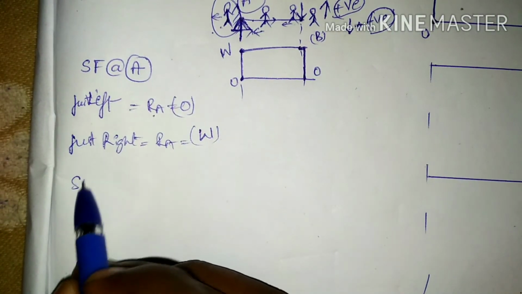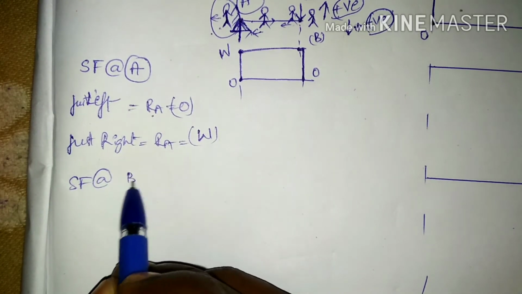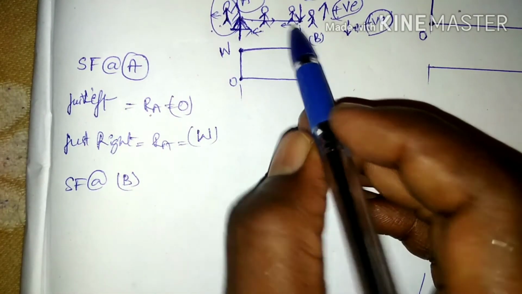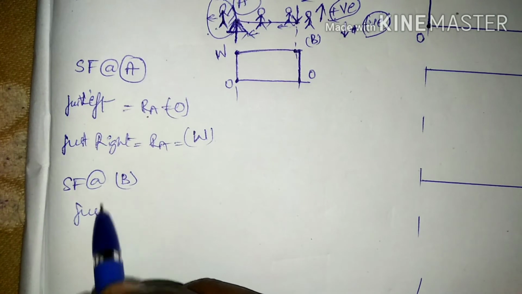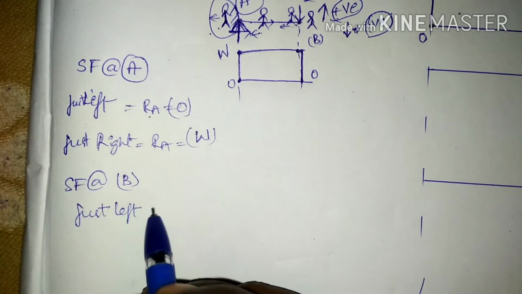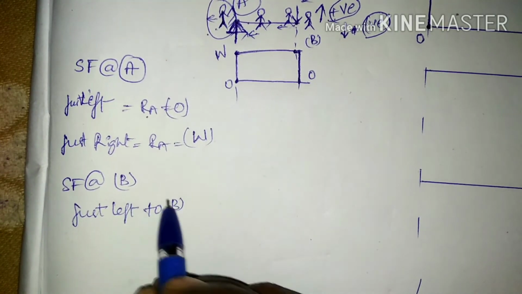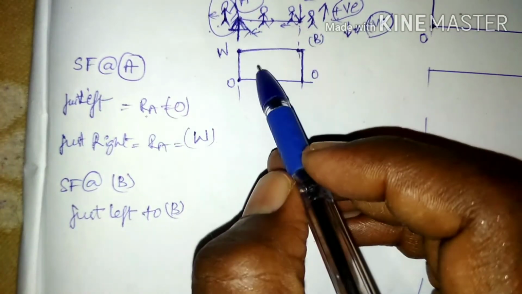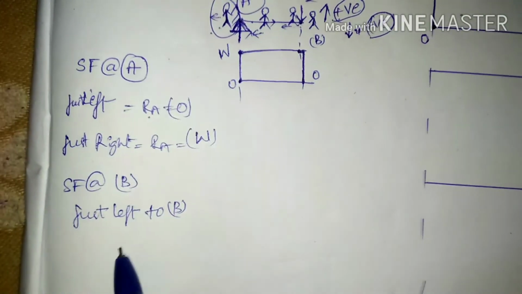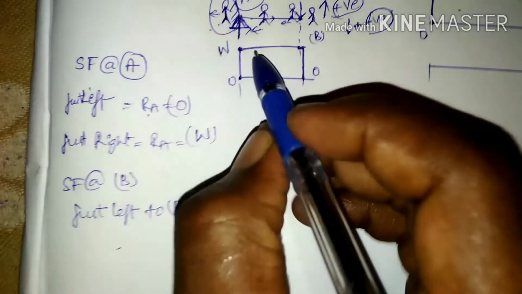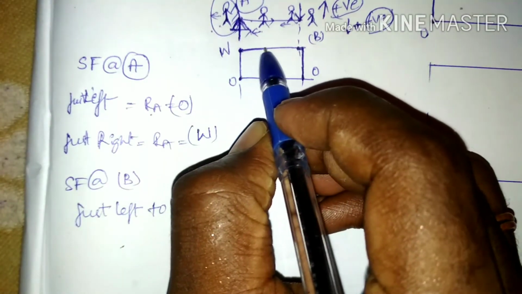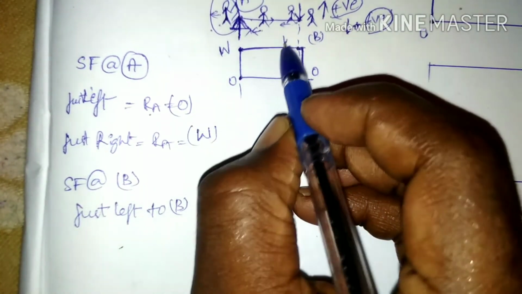And next, let us consider this is B, and shear force at B. Just left to B, I am having W kilonewtons, so I am going to draw a straight line of W kilonewtons.